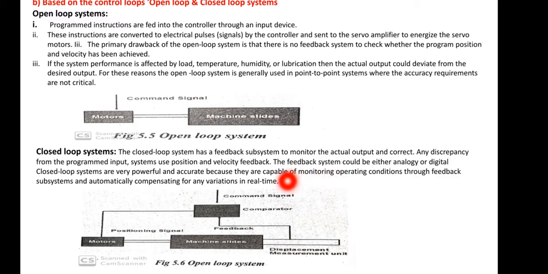If we find any error during the operation of the machine tool, then that error can be fed to the control unit and accordingly we readjust the input, again we carry out the process till we get the correct output.